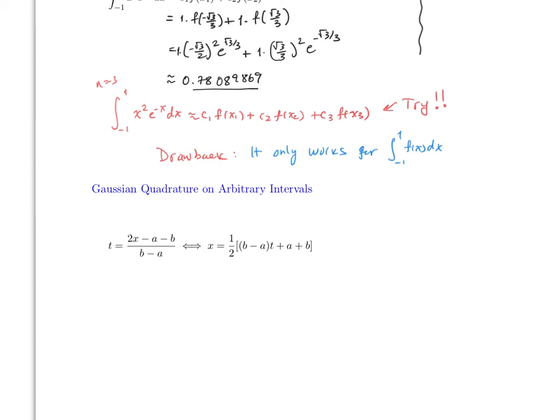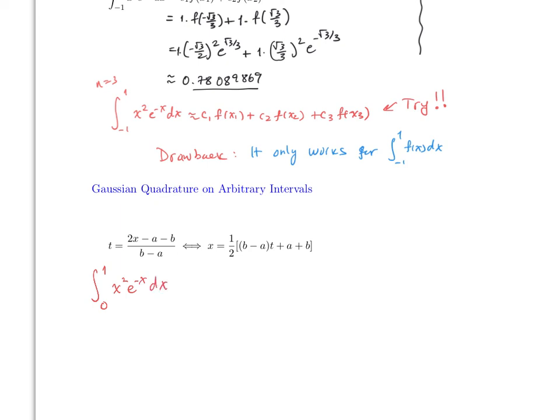So t is going to be 2x minus a minus b, divided by b minus a, and therefore x is going to be equal to 1/2 times b minus a, times t, plus b plus a. Okay, so here a and b could be anything. For example, let's say you are trying to integrate from 0 to 1 of x squared e to the minus x dx, which is the integral we did.